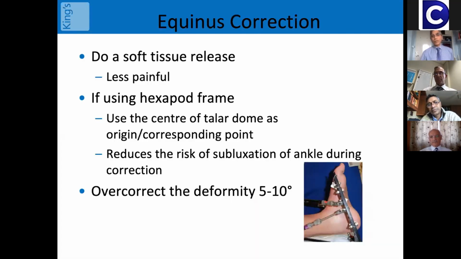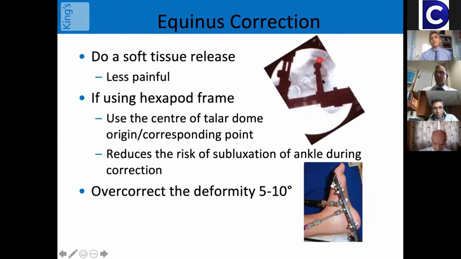So I always do soft tissue release because I find that it is less painful rather than relying on distraction alone. And I generally use a hexapod. Calculate the Inman line for a hexapod construction.